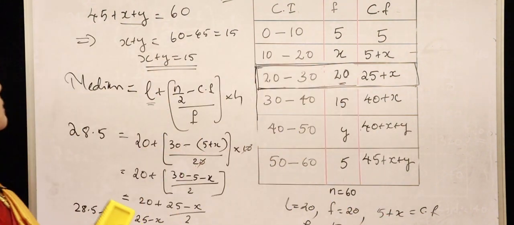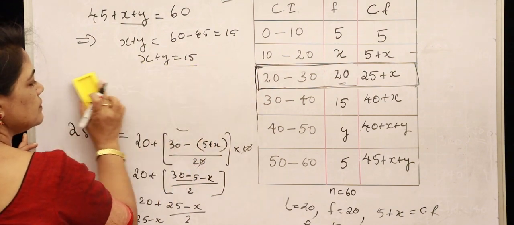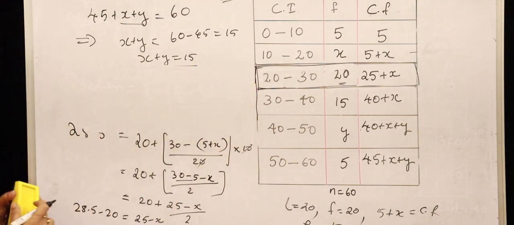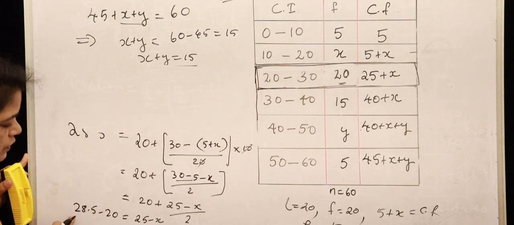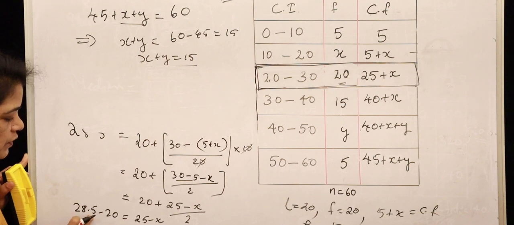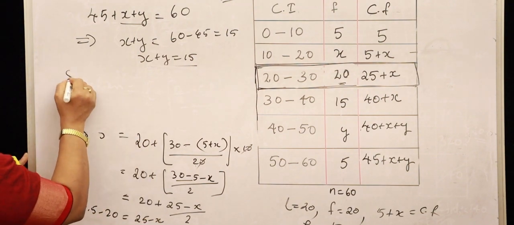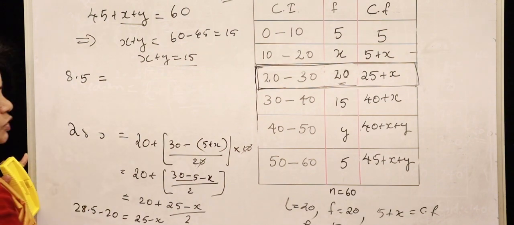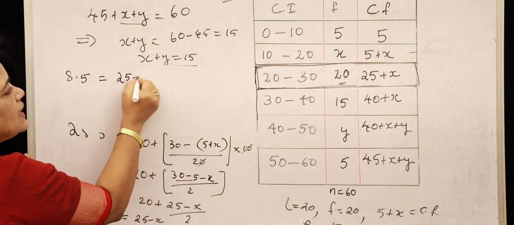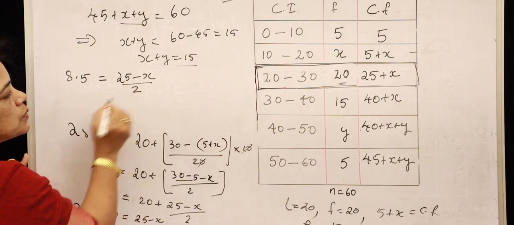Okay, now you can easily get X from this, because in this equation you can see only one variable, and that is X. So the difference between 28.5 and 20 is 8.5, which is equal to 25 minus X by 2. Clear, children?